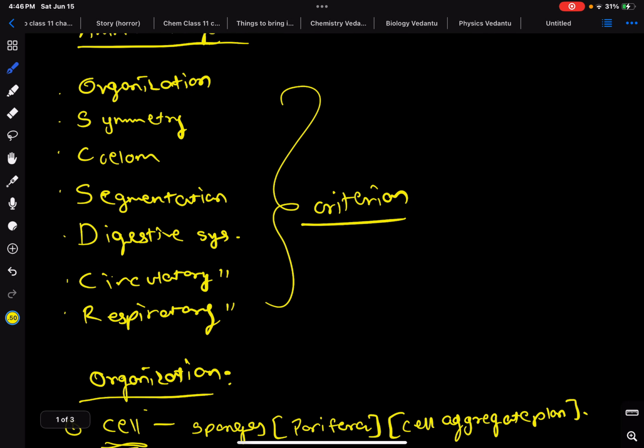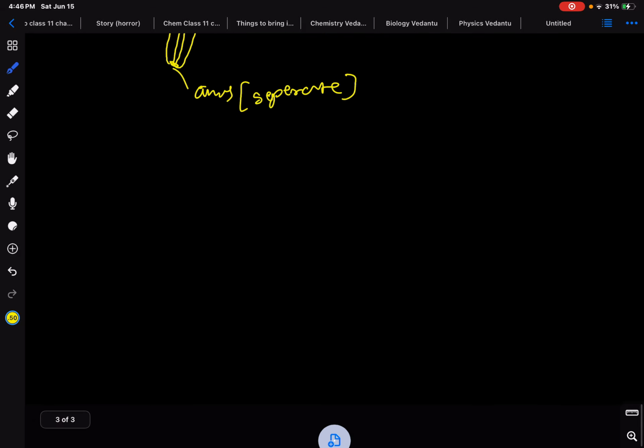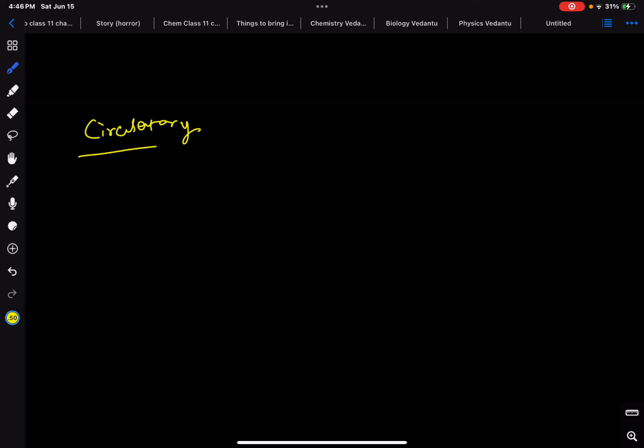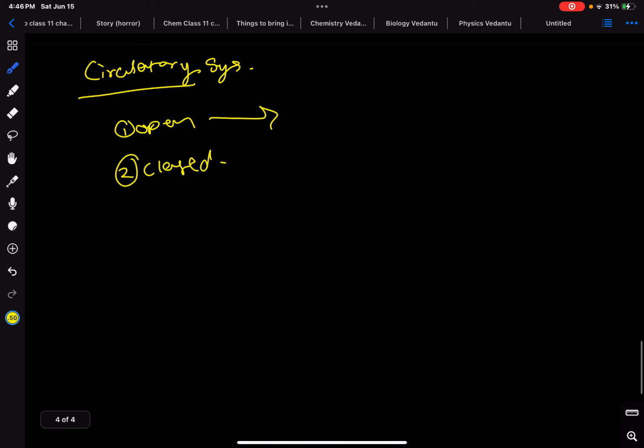circulatory system. So there are two types again in circulatory system. So there is open type and there is closed type. So in open type, there are no vessels present.